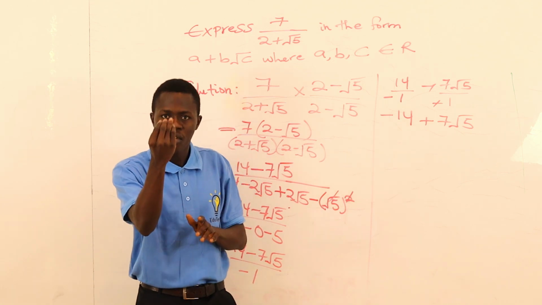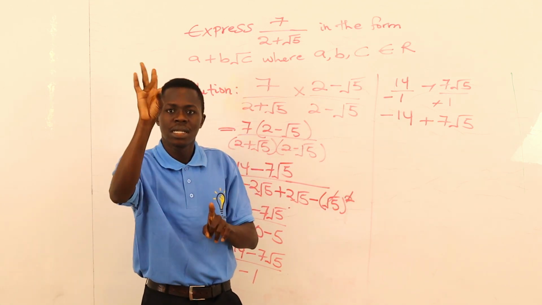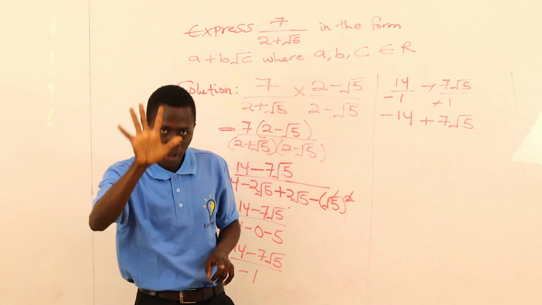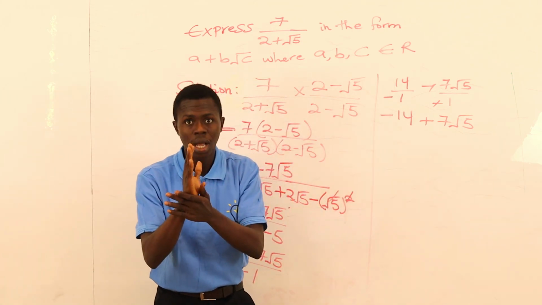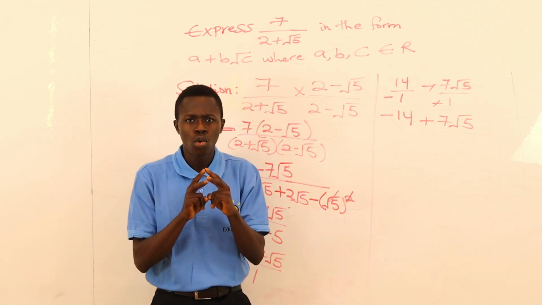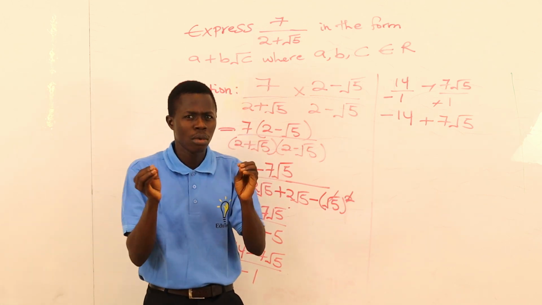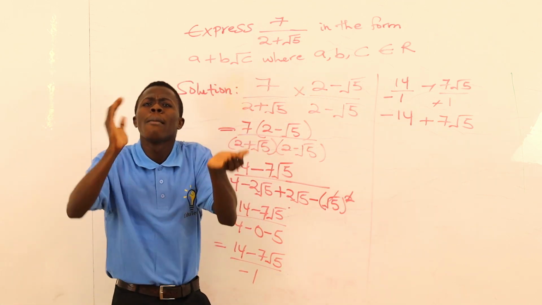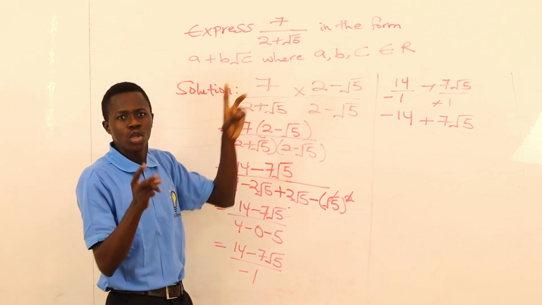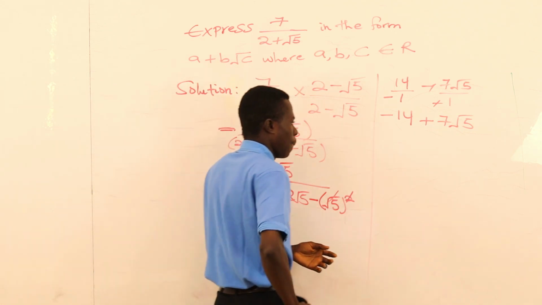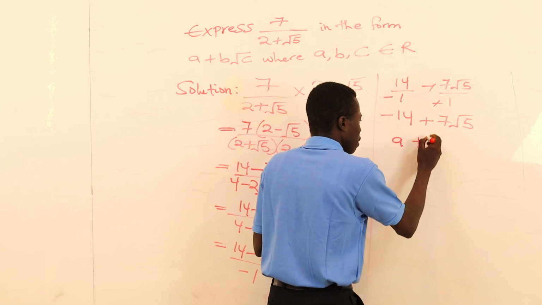Now our final answer is going to be -14 plus 7 square root of 5. So this is the right answer.